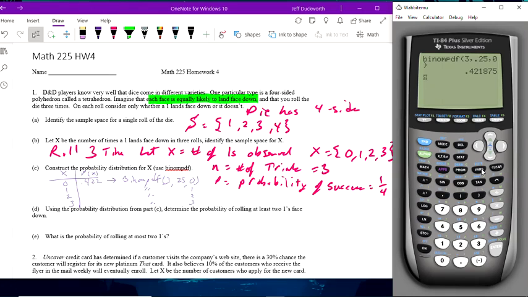In fact, let me give you a quick way to do these, and we'll do them all at once. So stat and edit. I'm going to clear out this list too, and I need to clear out the 4. I'm going to put in my different x values. 0, 1, 2, 3 are all that's possible. So if you highlight the L2, I put the cursor on the L2 itself, and run the binom.